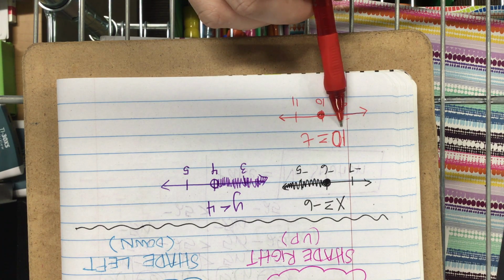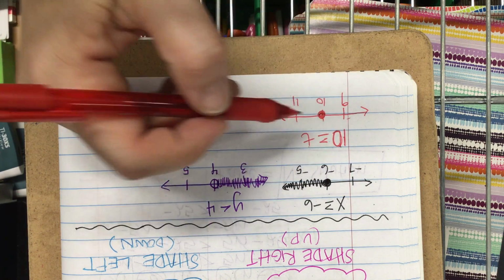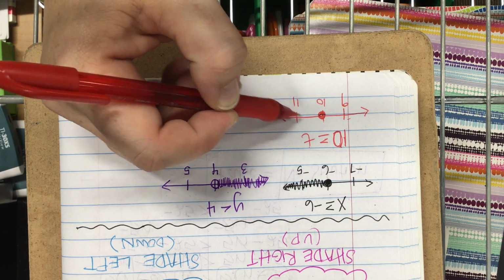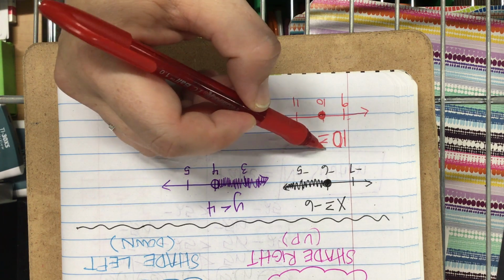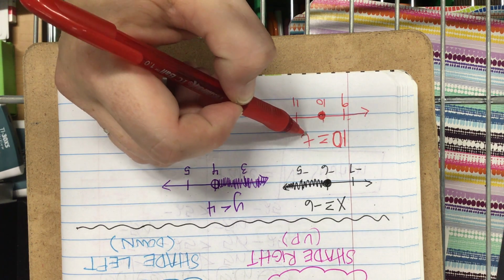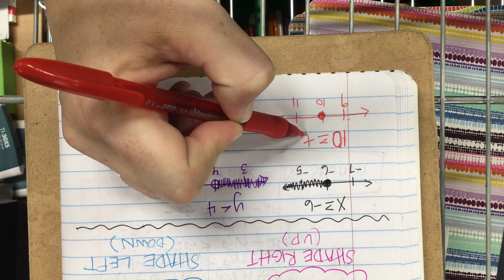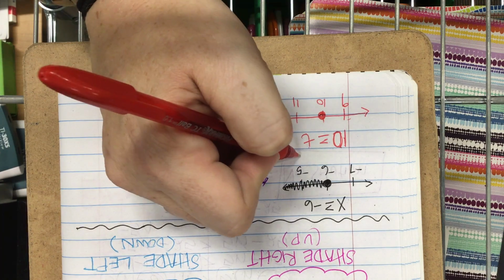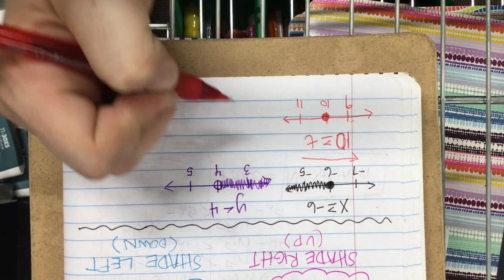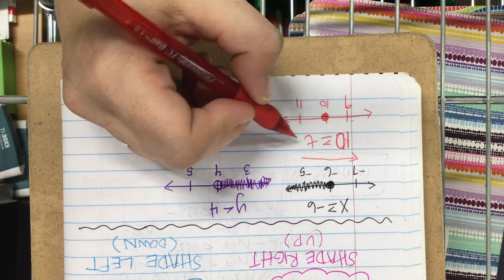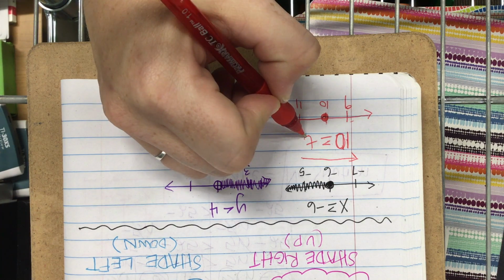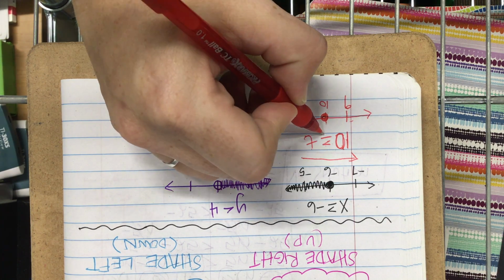If the variable is not written first, you cannot use that trick, because I'm not going to shade up because it tells me 10 is greater than or equal to t. We need to read it variable first. Do you agree? So I need to read it backwards. T is less than or equal to 10.